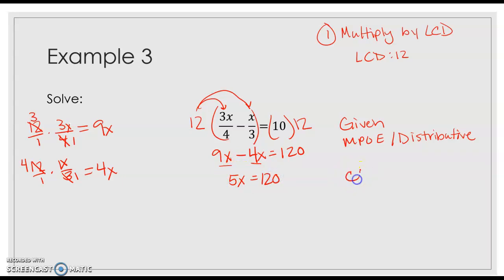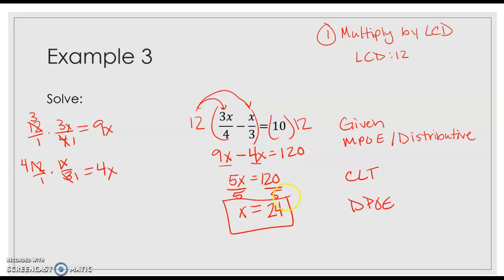So that was a combining of like terms. And then after that, we're going to divide both sides equally by 5. So we're going to use division property of equality. And 120 divided by 5 is 24.